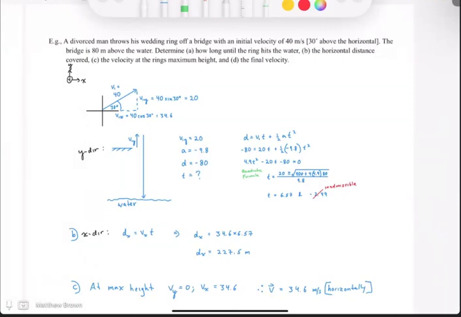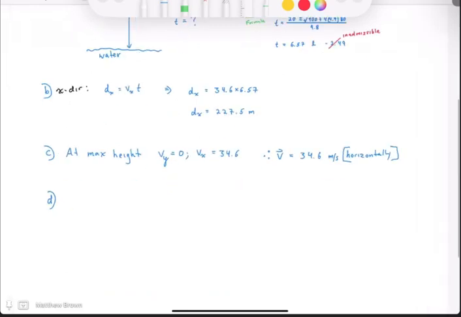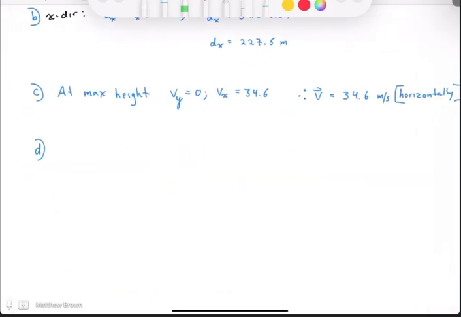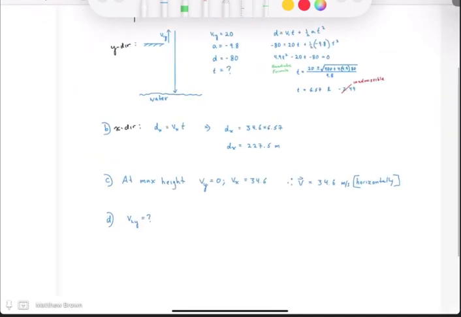Now we want the final velocity. If we want to get the final velocity, again, we need both components of the final velocity. We need to know how fast it is moving in the x direction and how fast it is moving in the y direction. X direction is nice, that doesn't change, so we already know that. But we don't know v2 in the y direction. So we can go back to our equations up here.